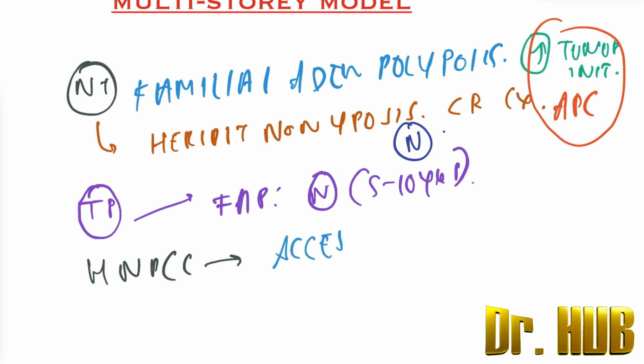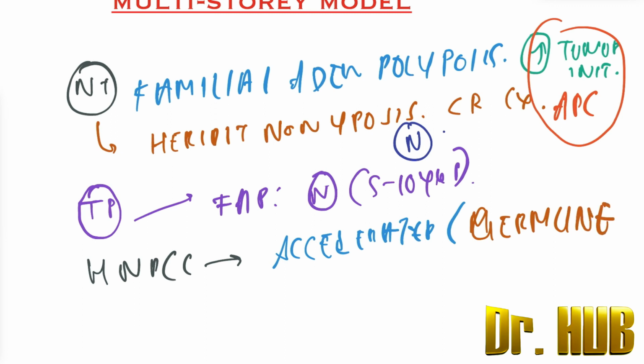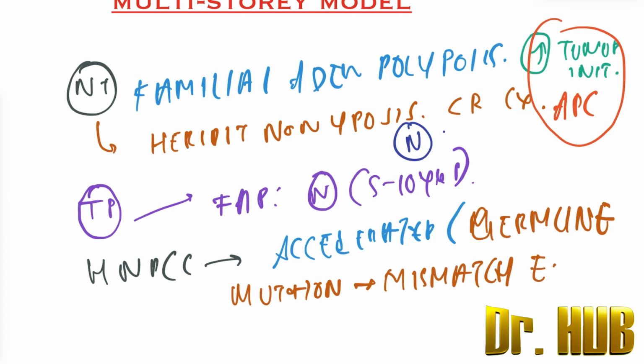This acceleration is due to the germline mutation in the mismatch repair gene, and it may be about 1 to 3 years.